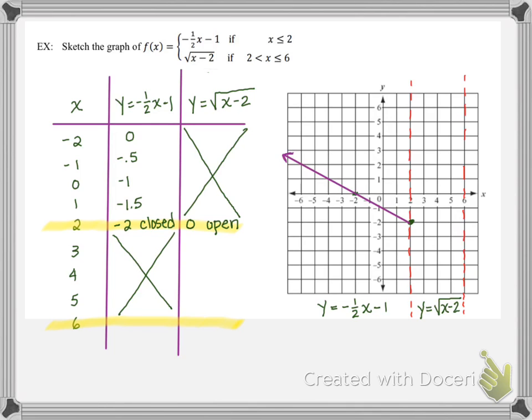So 3 minus 2 is 1. The square root of 1 is 1. 4 minus 2 is 2. This is the square root of 2. Square root of 3. And then 6 minus 2 is 4. And the square root of 4 is 2.